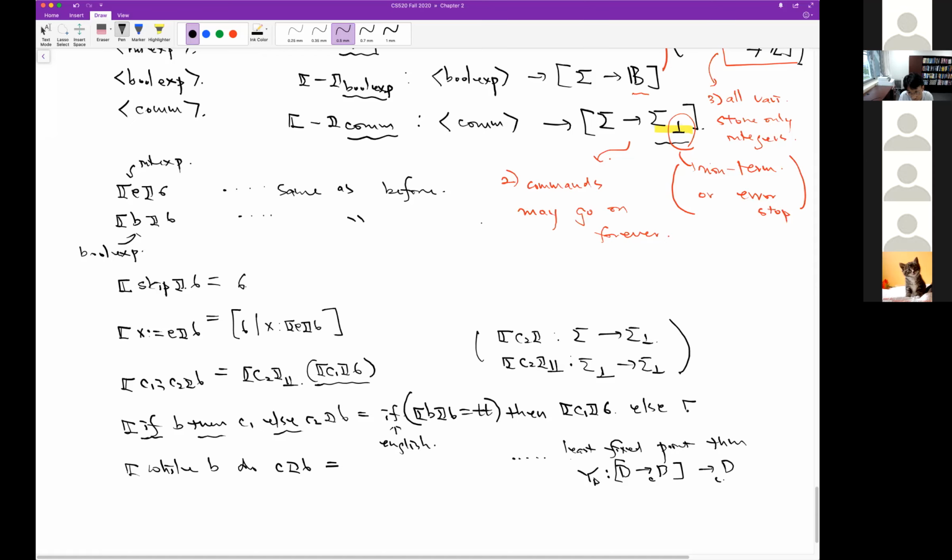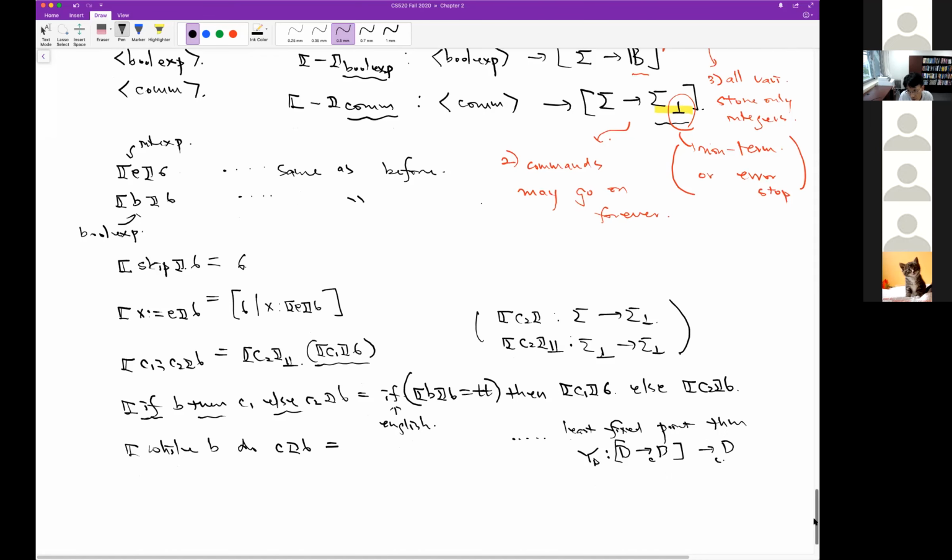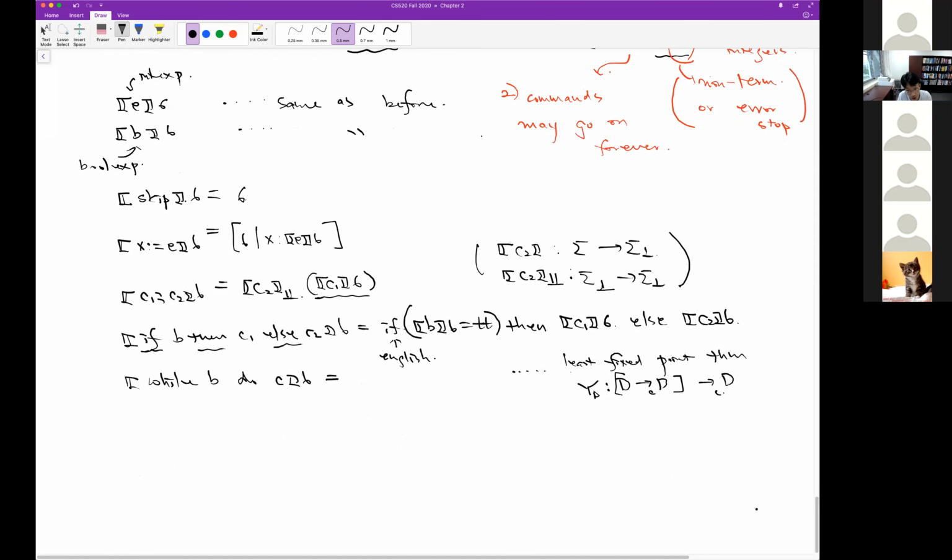Otherwise, it's going to be determined by execution of C2. And this is what you expect. If then else means if then else. So this if then else here means English, but this one means syntax.